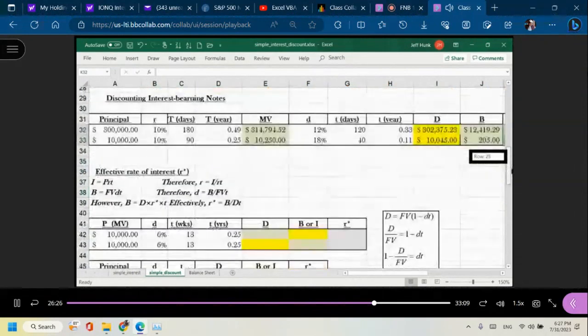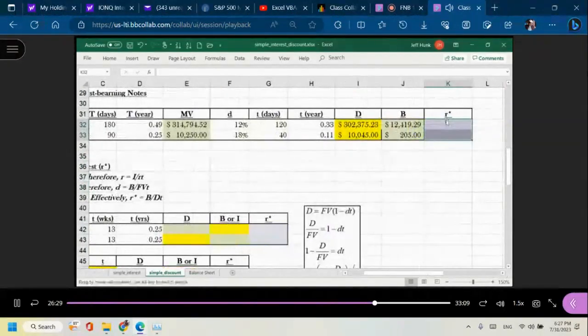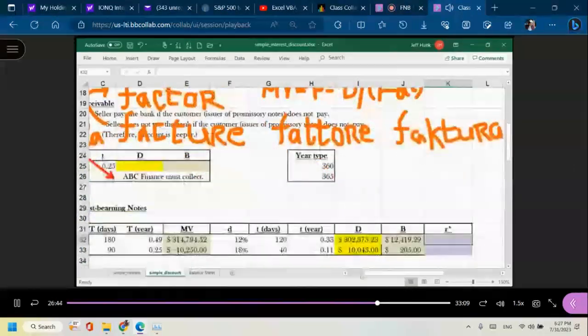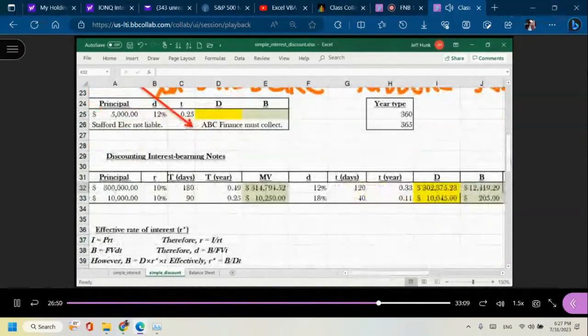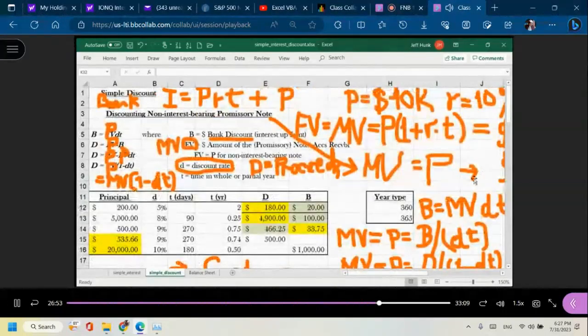Now we need to understand what effective interest rate is. But actually, we'll be doing the exercise on the effective interest rate in the next video. But you might think, back to our first example, the zero non-interest paying promissory note.